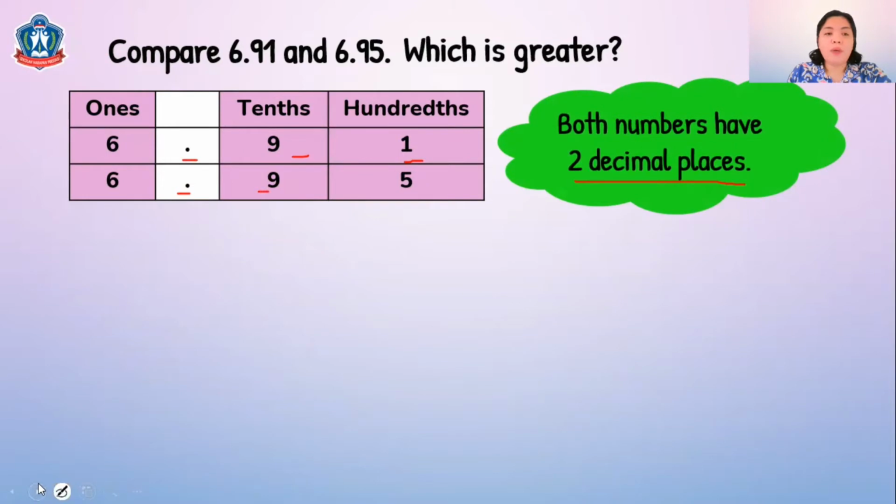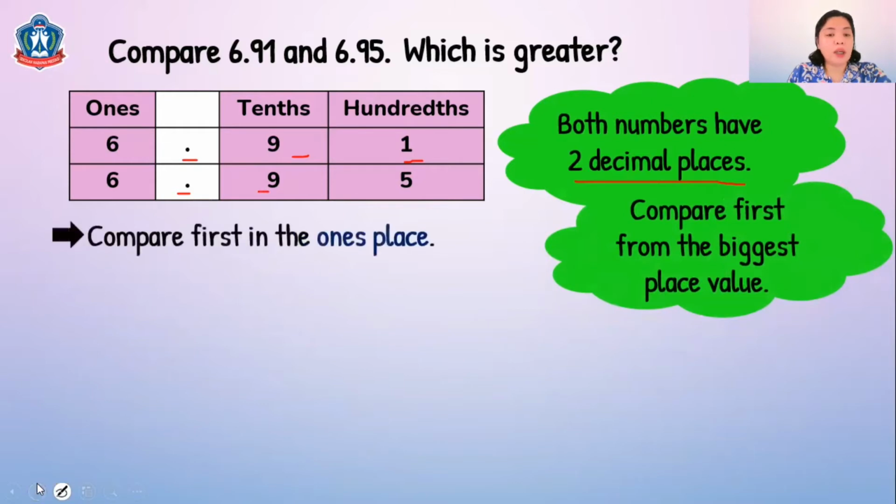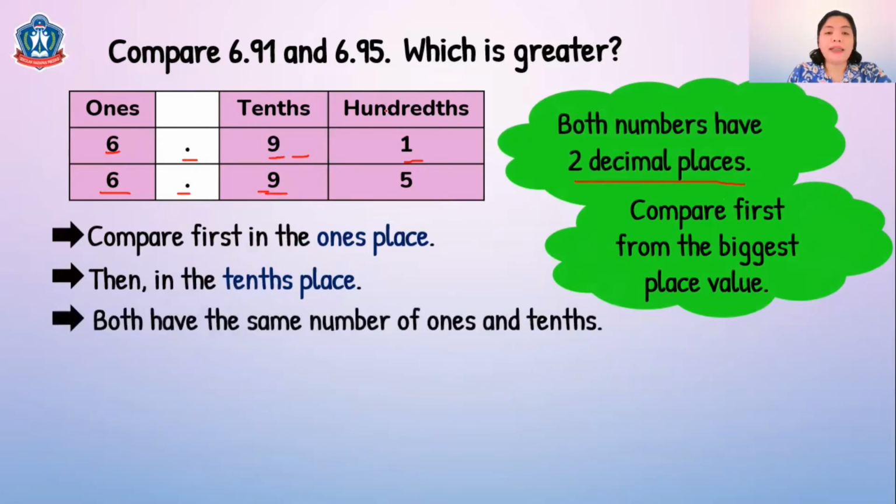Now, when we compare them, let's start from the biggest place value, and that is the ones. What have you observed? They have the same number, 6. So let's go to the tenths place. They also have the same digit. So let's proceed to the next place value, and that is the hundredths.